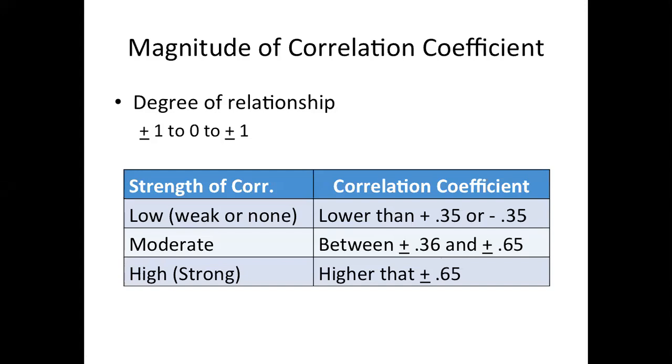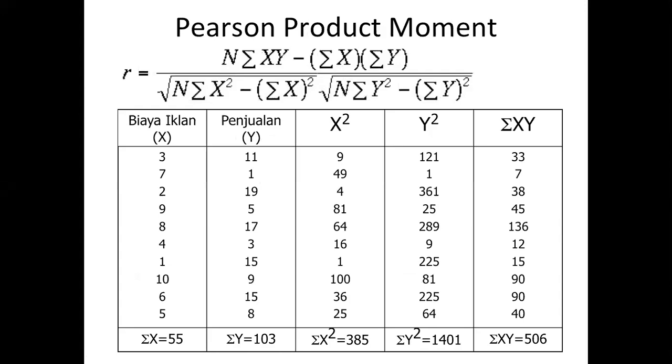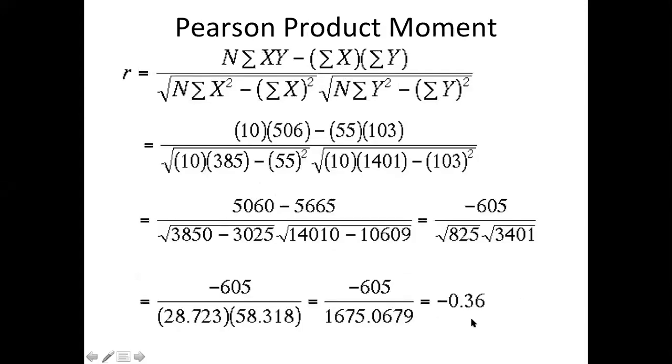So it looks like the higher the expenditure, the lower the volume of sales. That is the result, minus 0.36. So once again, the interpretation is moderately correlated negatively.